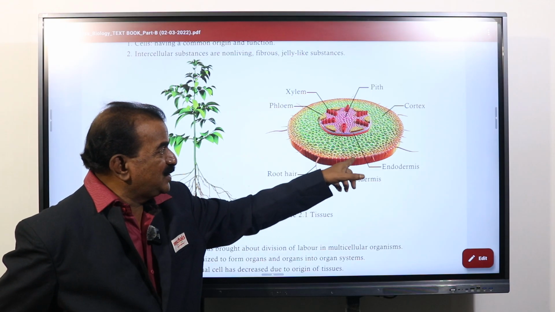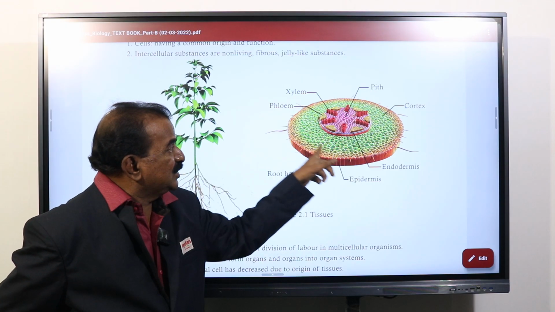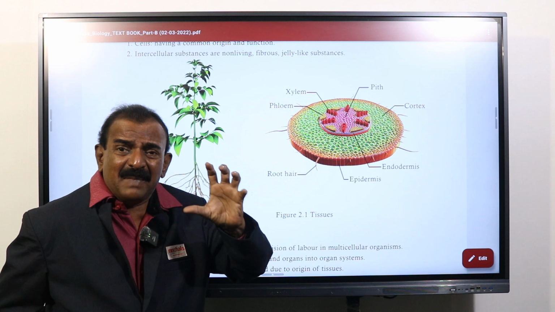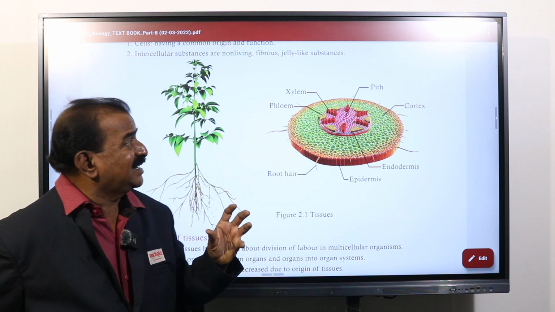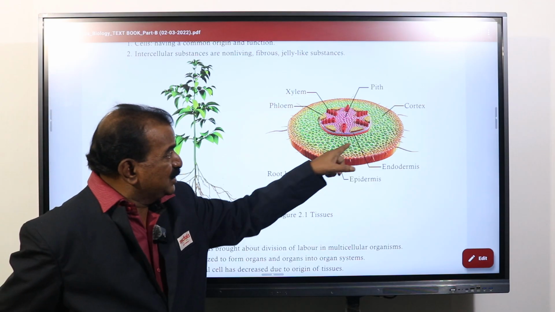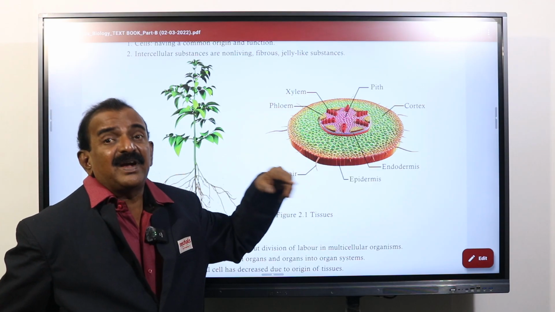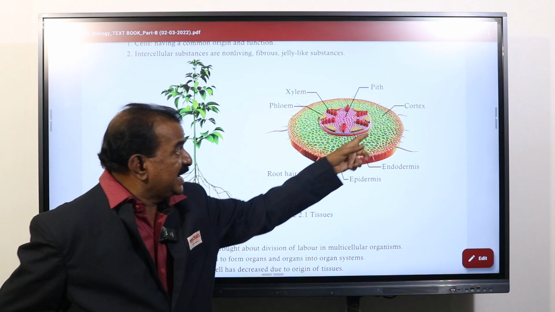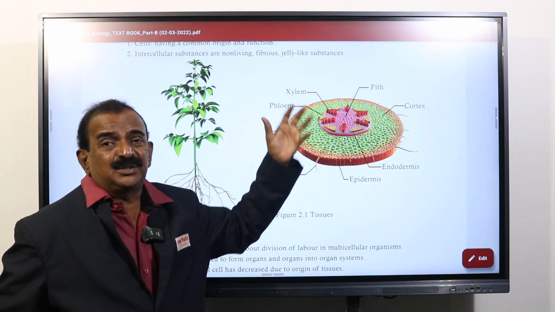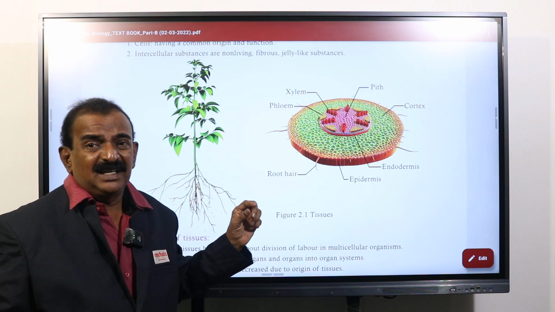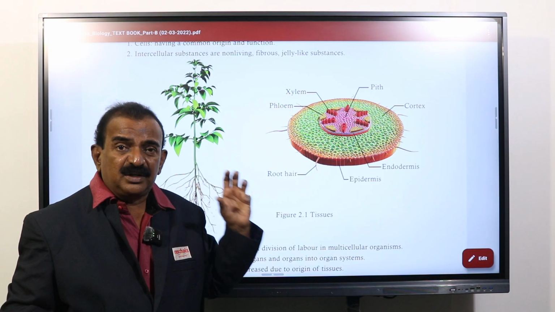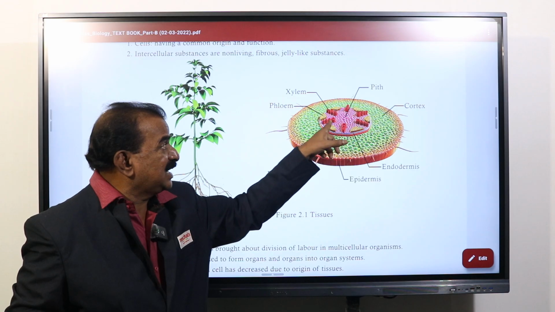Below the epidermis you can see a bulk tissue, and that tissue is called the cortex. In the middle you see the endodermis, and below the endodermis there are other tissues. They are the pith, and also the vascular tissues.